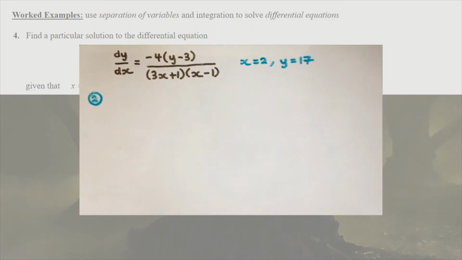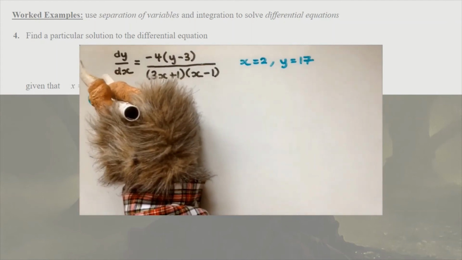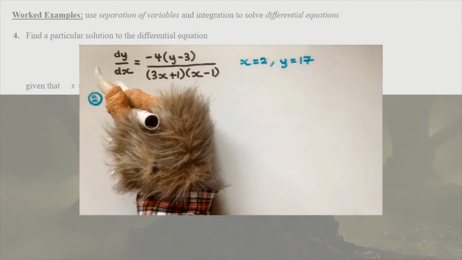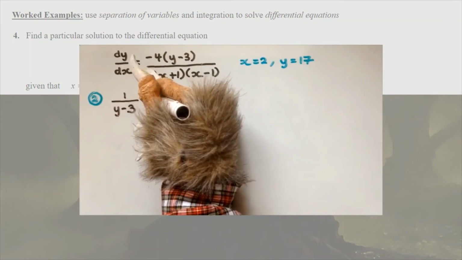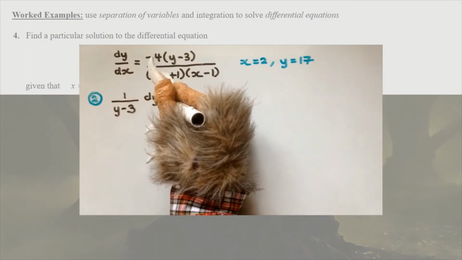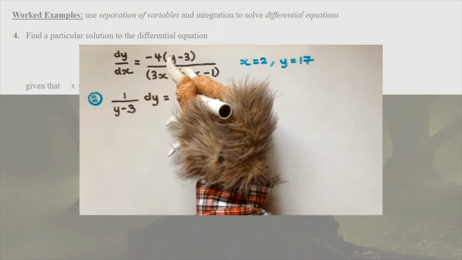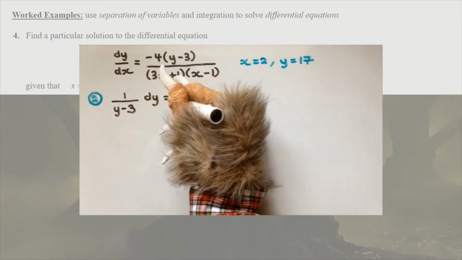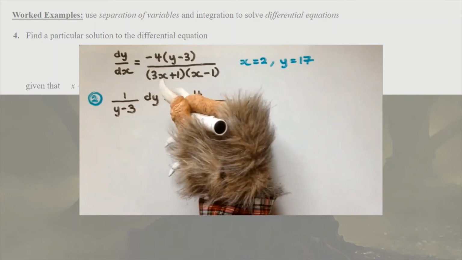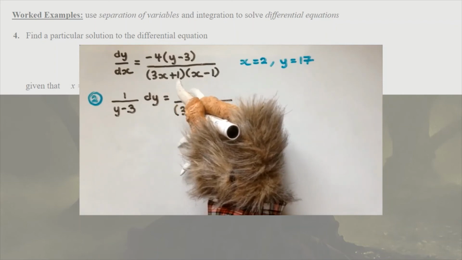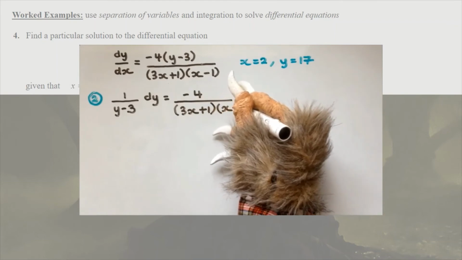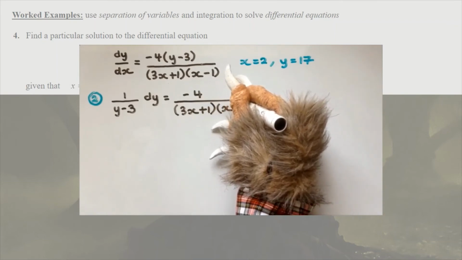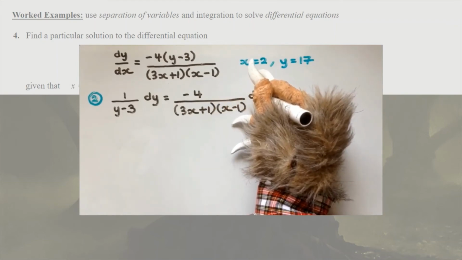So we're going to have 1 over y minus 3 dy is equal to negative 4 over (3x plus 1)(x subtract 1) dx.